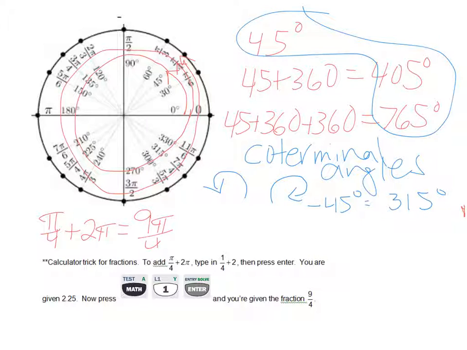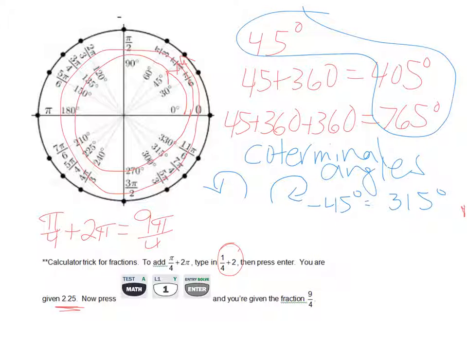Now, it's a little bit of a pain sometimes to deal with the fractions when you're doing the radians. So a little calculator trick. If I wanted to add the pi over 4 plus 2 pi, I would just leave the pi's off. And in my calculator, I would type in 1/4 plus 2, and then press enter, and you're given the decimal 2.25. But your graphing calculator will convert back to fractions.